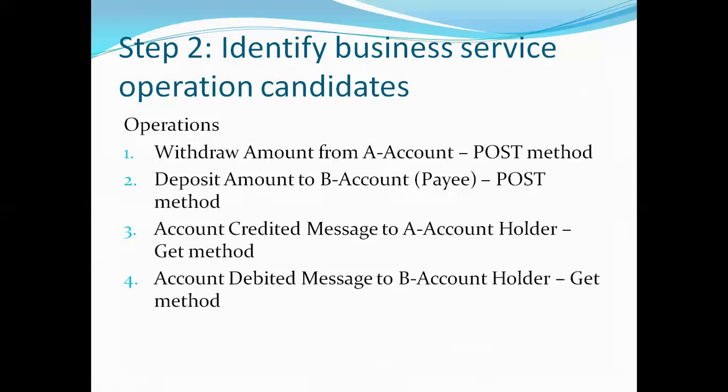Also the get method. So here also I have to use the get method. So identifying the business service operations, I have identified the 4 operations: withdrawal, deposit, then credited message and debited message.